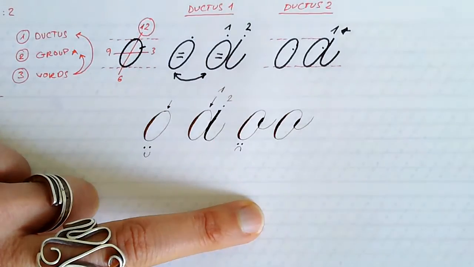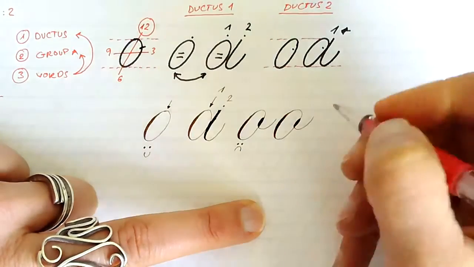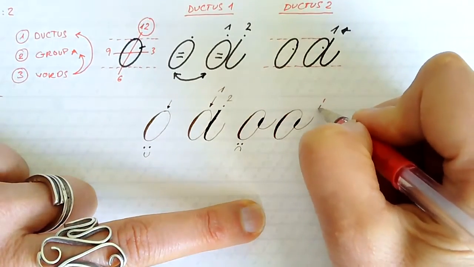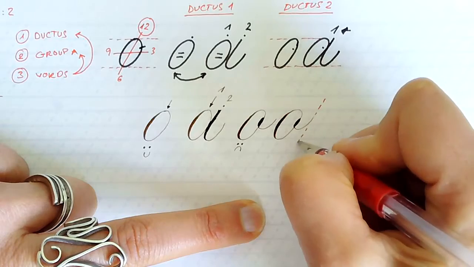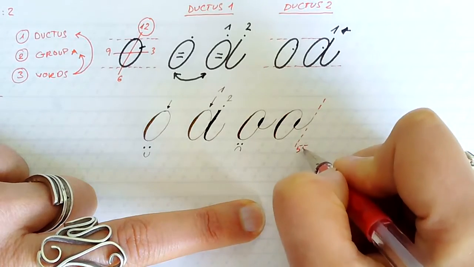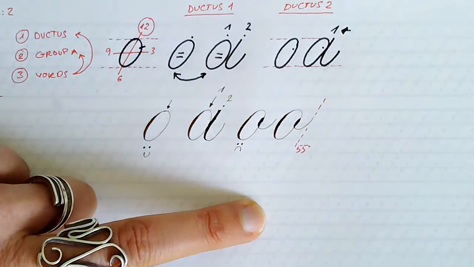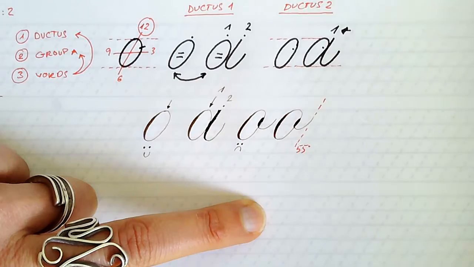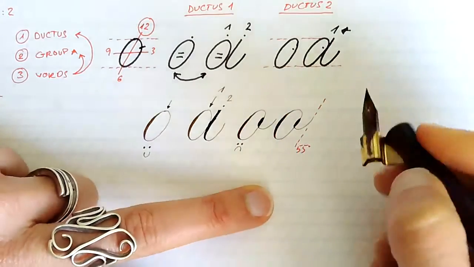The exit of letter O should be on the same slant as the rest of the writing, which is 55 degrees. All right, following these ductus, I will create letter A in one continuous movement.